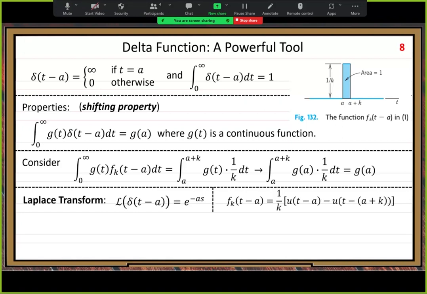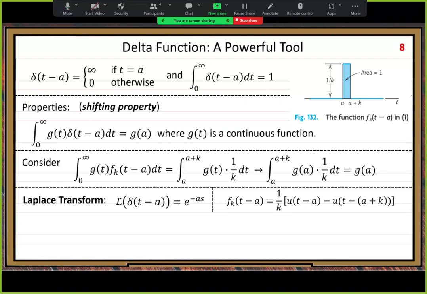The proof here, let me describe the proof a little bit. Still, we use little fk. This time, we use the Heaviside function to write it. Based on that shape, we can use the Heaviside function to represent it. Then can we do the Laplace transform?